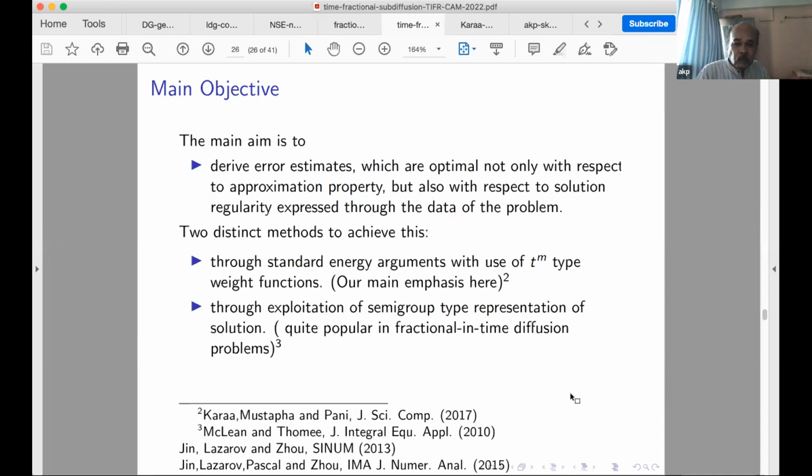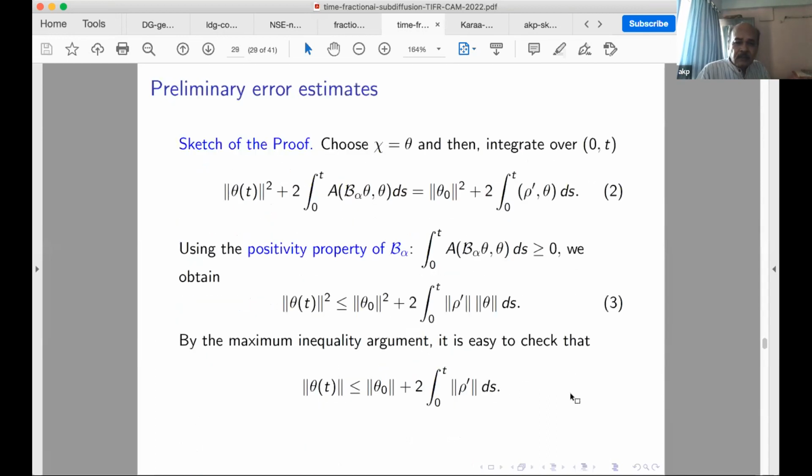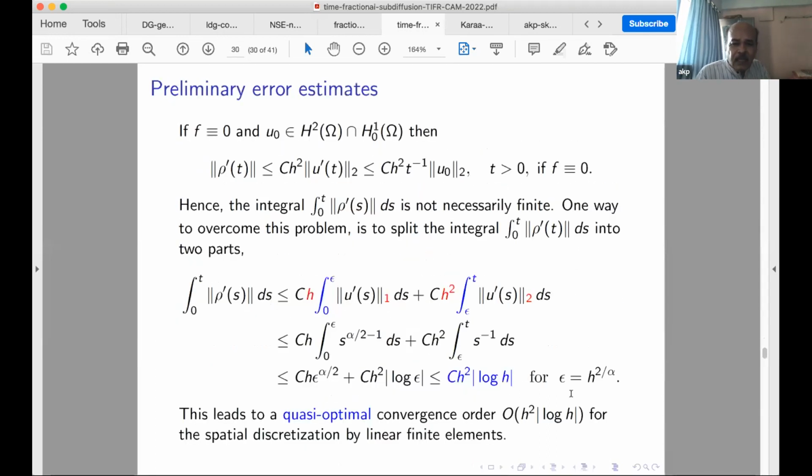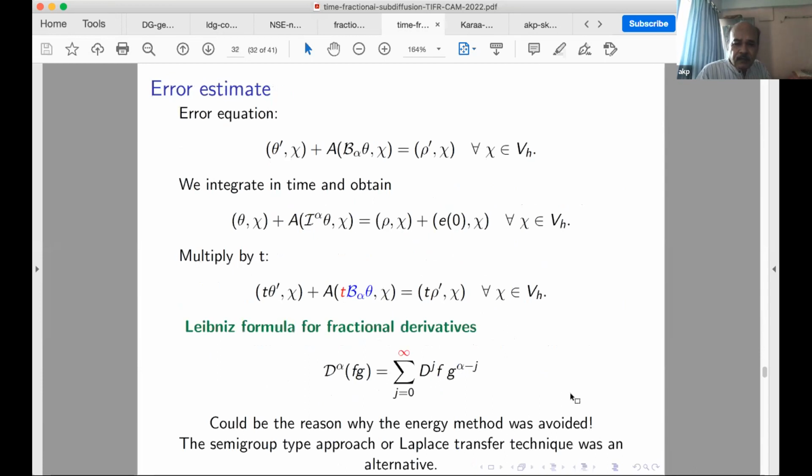But for fractional order, there is a difficulty pushing t. If you take the fractional order derivative of two functions f and z, and apply the Leibniz formula, the sum over j from 0 to infinity appears.